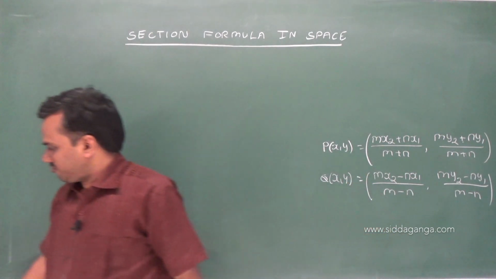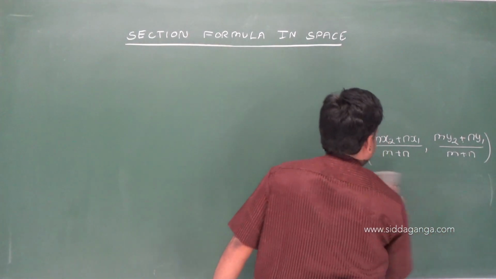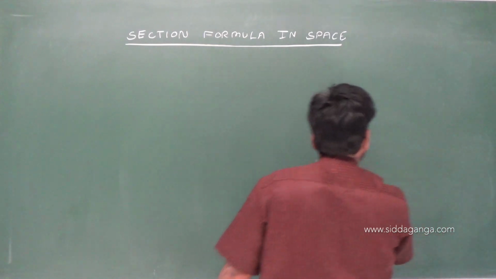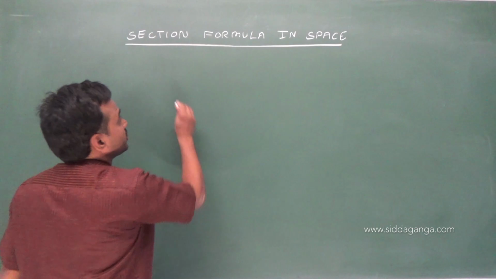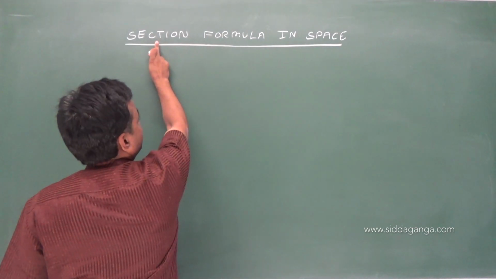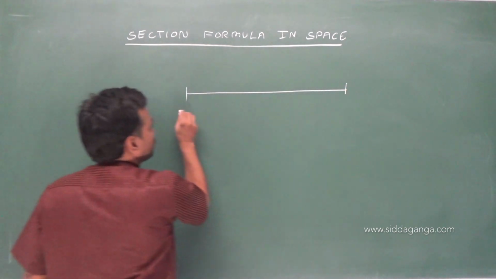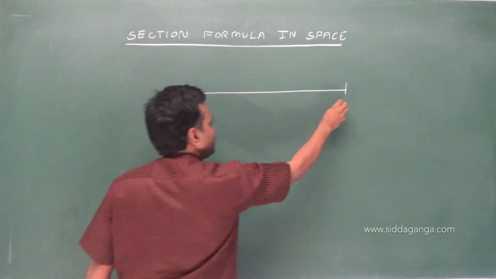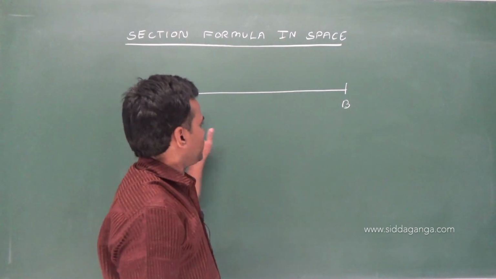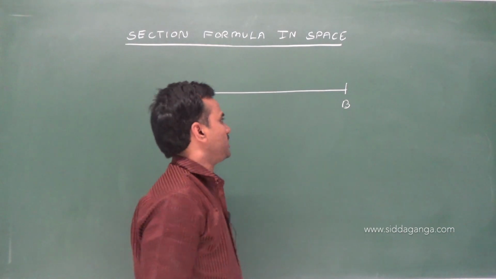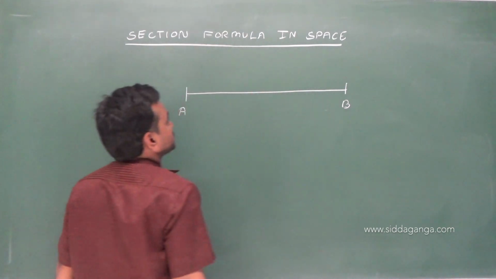Okay, so first we see the section formula, the role of the section formula. What does section formula mean? The word says section. Here these 2 points A and B lie in space. We join these 2 points with a line.